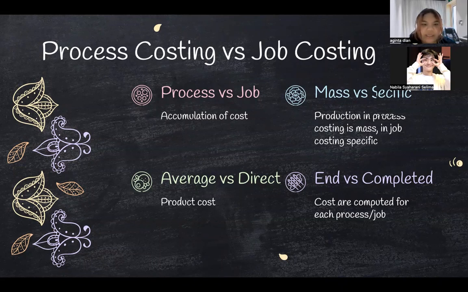Also, in process costing, the product cost is an average cost for each process, but for job costing, costs are identified directly with each job. The last one, in process costing, costs are computed for each process at the end of the period or the process. For job costing, the costs are computed for each job after the job is completed.